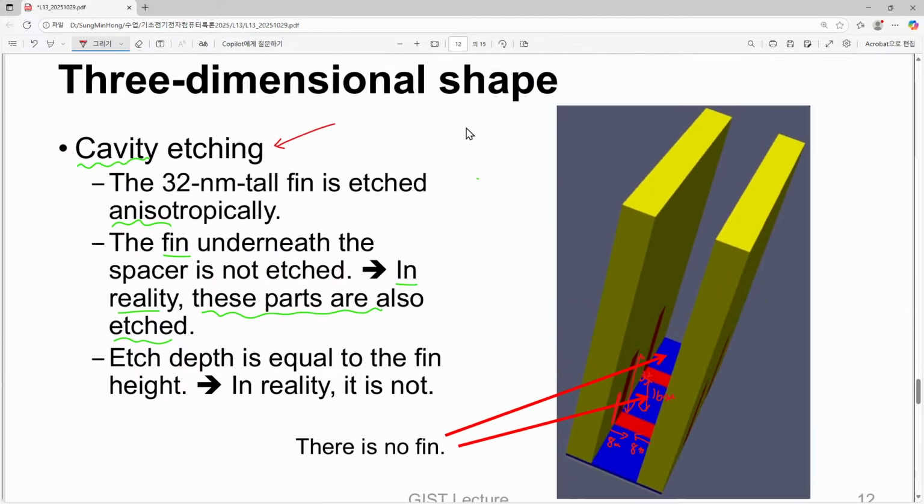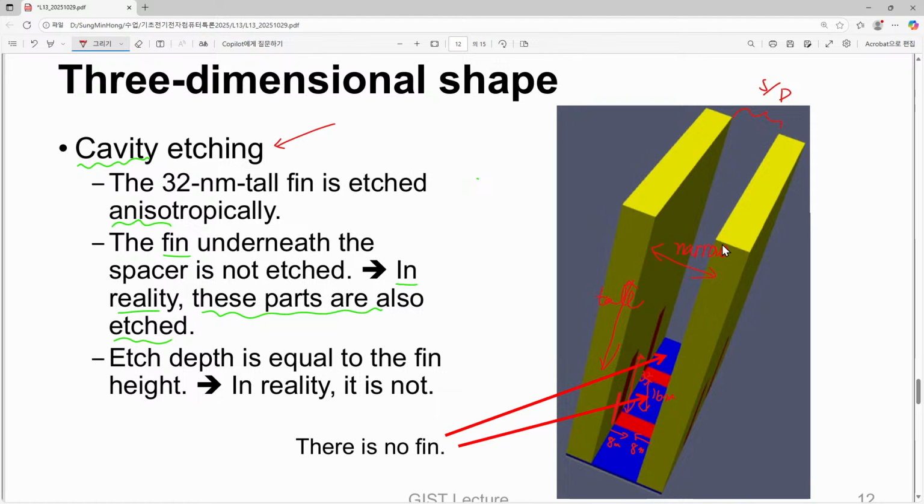So simply speaking, the space for our source drain epitaxial growth is now very tall and narrow. Tall means that in this direction it is tall, and in this direction it is quite narrow.